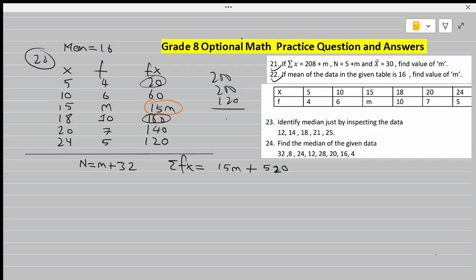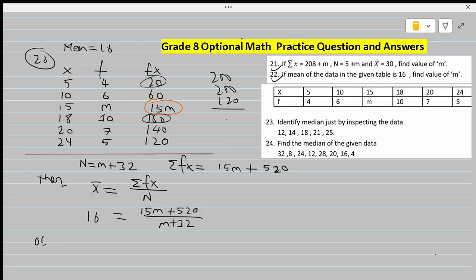Now let's use the mean. Mean equals summation fx divided by n. Summation fx is 15m plus 520, n is m plus 32, and the mean is given as 16.